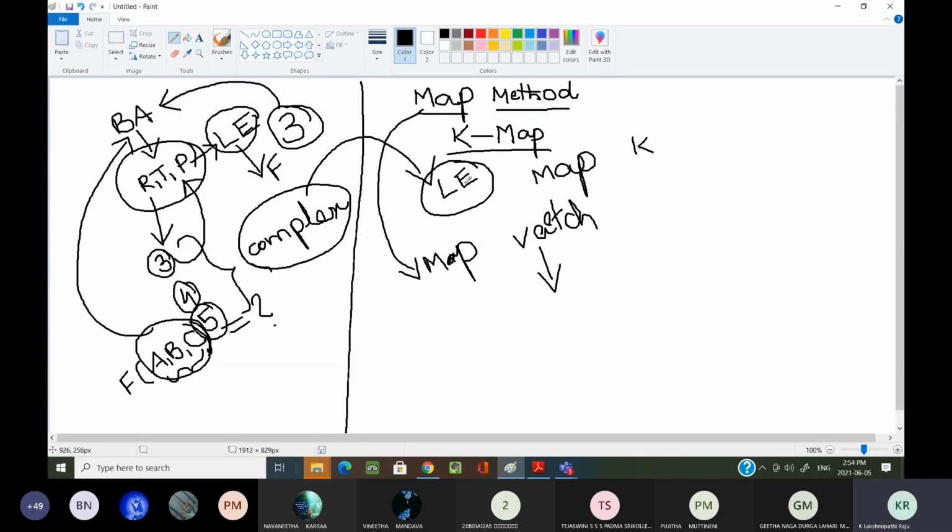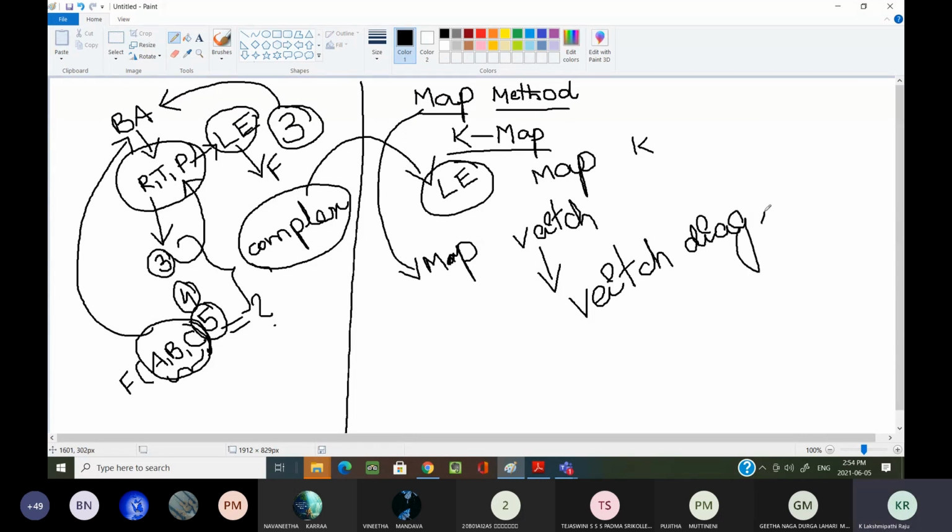Actually, initially we did not call it a K-map. Initially we called these diagrams Veitch diagrams. The diagrams we are going to see now were called Veitch diagrams.